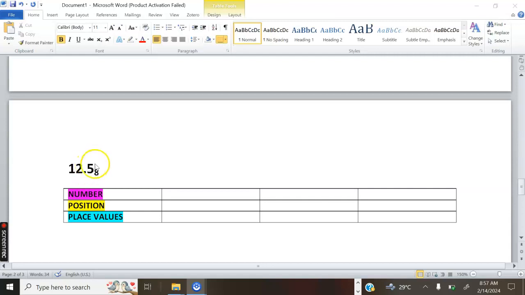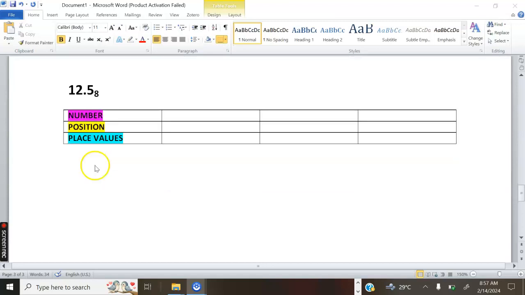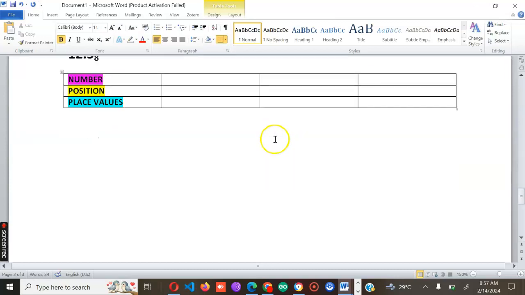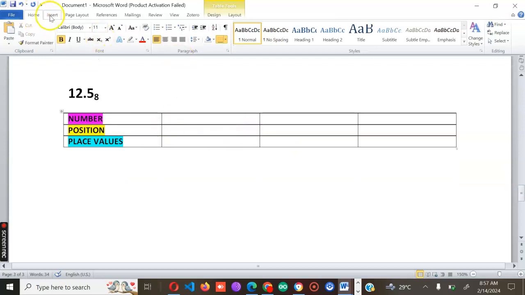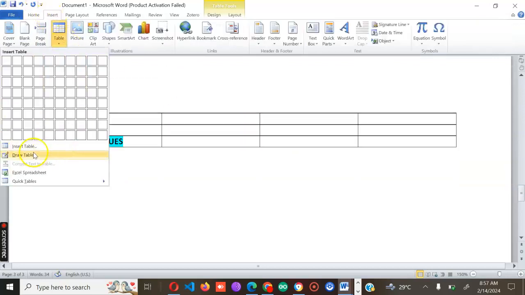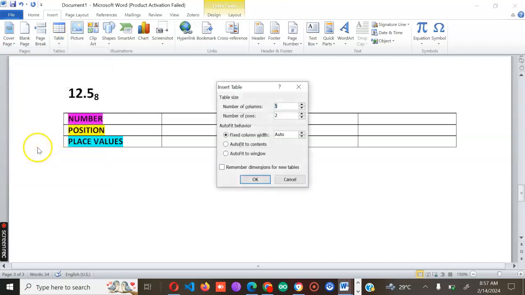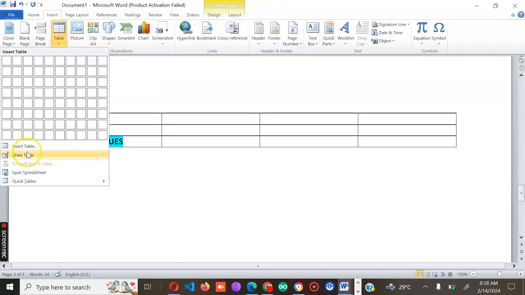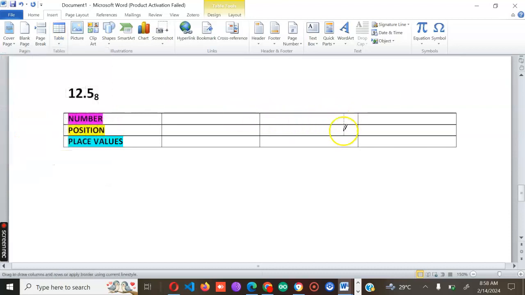So in case you come across a number with both integral and fractional, this is how you go about it. As usual, step number 1, you write down the number.